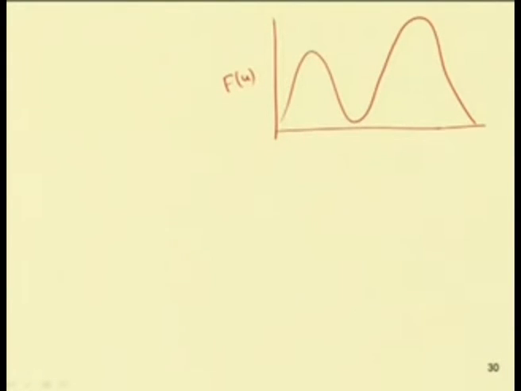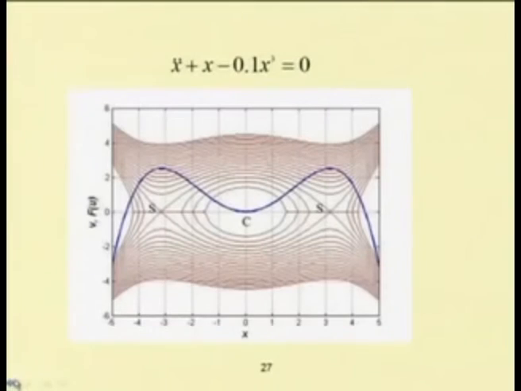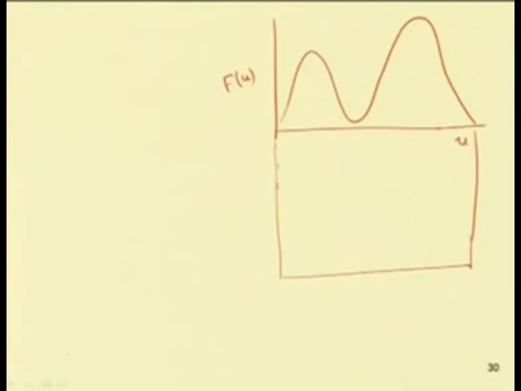So, this is F of u and this is U. So, let us extend this thing and plot the corresponding phase portrait. So, for example, in this case x double dot plus x minus 0.1 x cube equal to 0. So, we have the equilibrium position. The equilibrium position will be found by putting x double dot equal to 0.